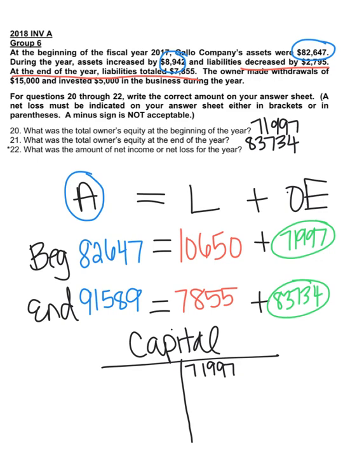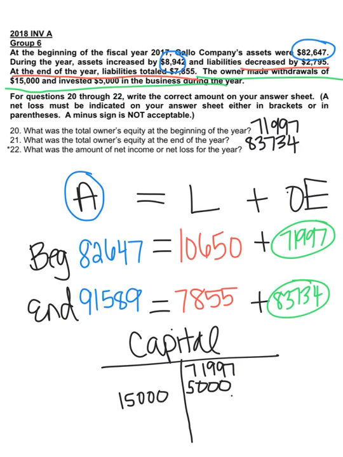Also, if I go back up here and read the very last sentence of that first paragraph, it said the owner made withdrawals of $15,000 and invested $5,000 in the business. So we are going to add in the investment of $5,000 and subtract out $15,000 for withdrawals.